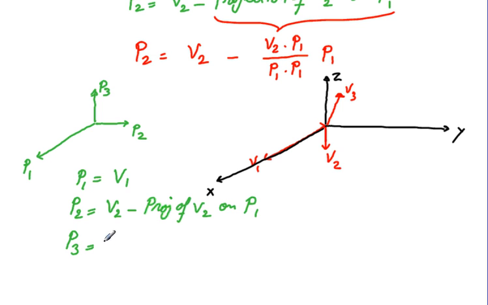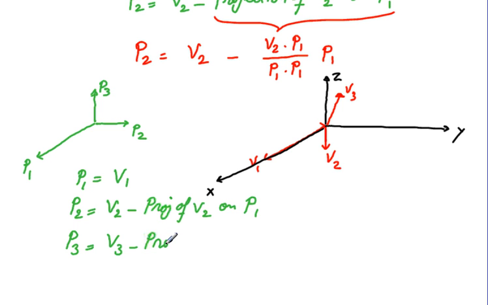P3 is going to be V3 minus whatever shadow it casts on the existing perpendicular set that we already have. Whatever shadow it casts on V1, we remove it so it doesn't duplicate this direction. Whatever shadow it casts on P2, we remove that so it doesn't have any component going in that direction. So the only direction left for it to go is straight up, perpendicular to both.